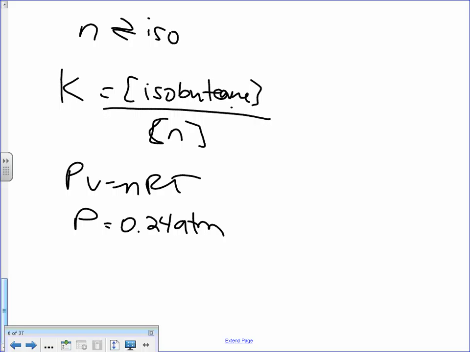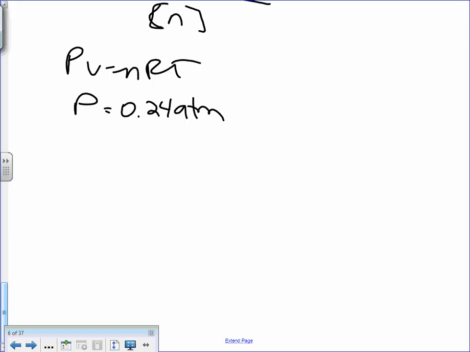Part F said calculate the molar concentrations of each species at equilibrium. Did you set up this one? No. Did anybody give me a starting point here? This is an ICE table. KC is equal to, so they told us 2.5, right? We got that from earlier.